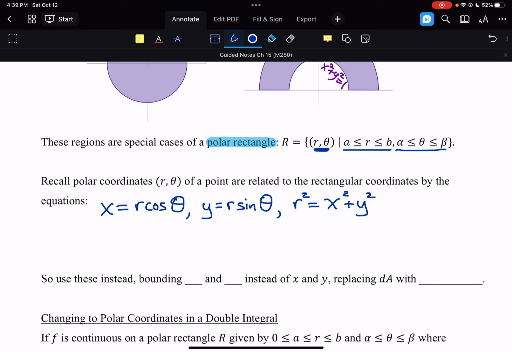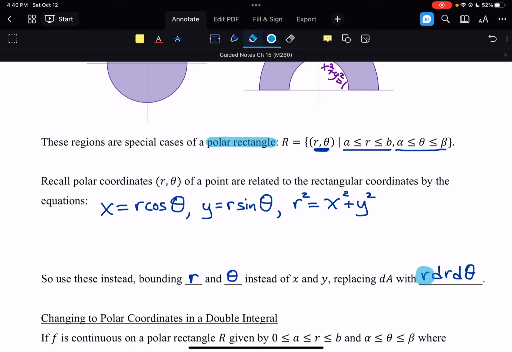So we use these instead, bounding r and theta instead of x and y, and we're replacing dA with r dr d theta. So instead of it being dy dx or dx dy, it is r dr d theta.